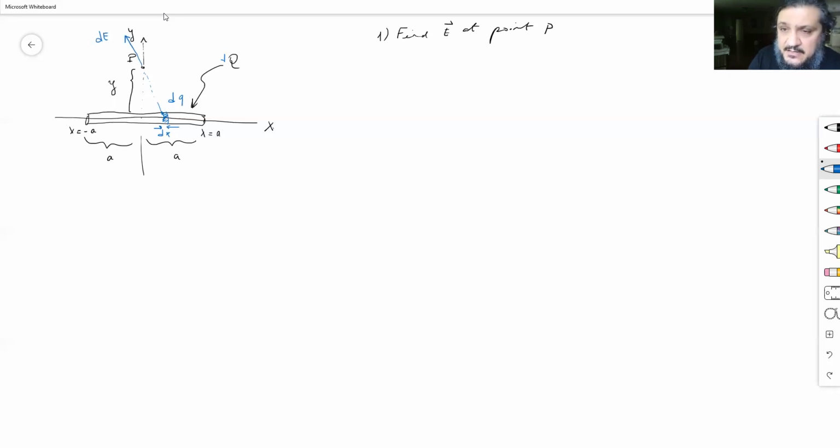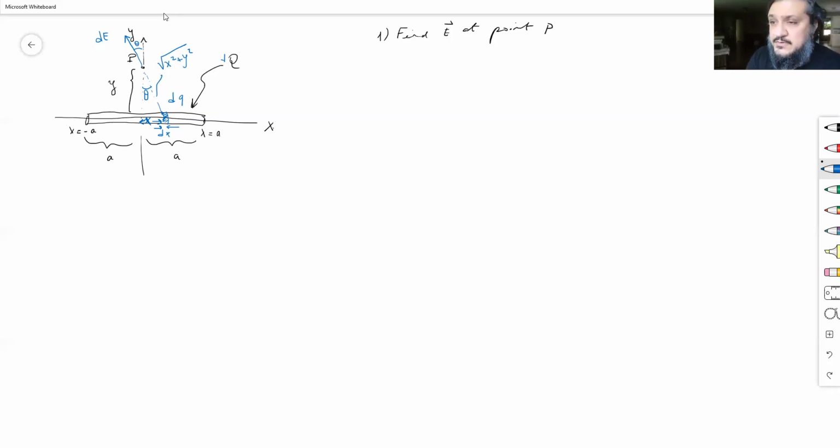And this makes an angle here, theta, which is also equal to this theta here. So this point is x away from the origin, which makes this side equal to square root of x squared plus y squared. So that dE is coming from each little segment carrying a charge dq, right?